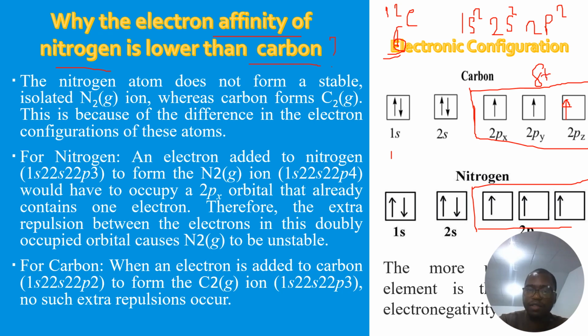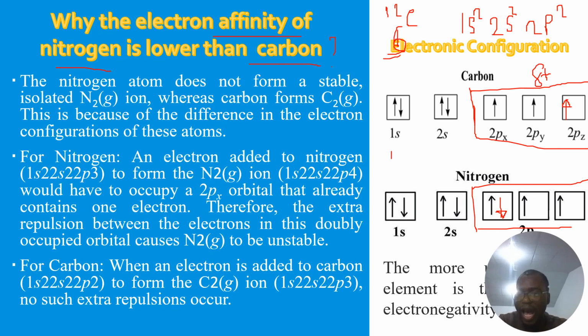I'll write ST for stable. Just my own shortcut. Don't do it in the exam. Then for nitrogen, notice that it is already half filled, so it is already stable. But since we are talking about electron affinity, we'll be forced to add an electron in a subshell which is already occupied.